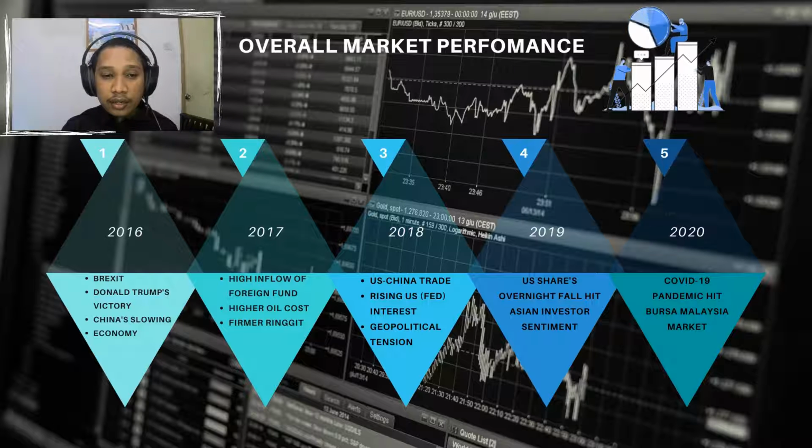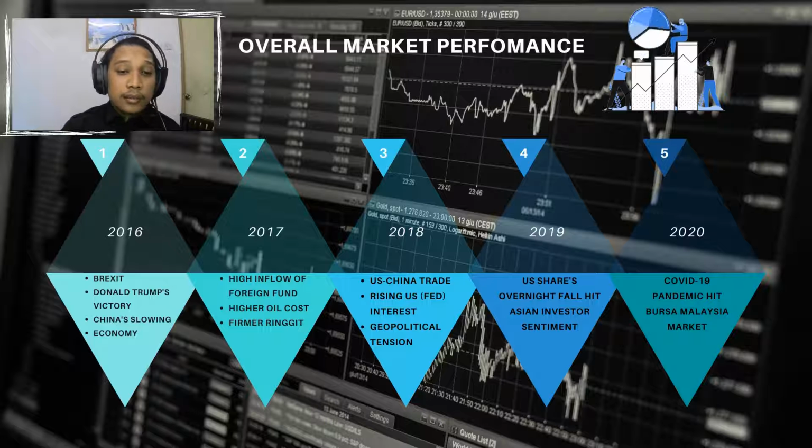However, there were also external factors that affected the market that year: the first is the US-China trade tension, the rising US Federal Reserve, or Fed, interest rate, and the last is the geopolitical tension that occurred within Malaysia in 2018.